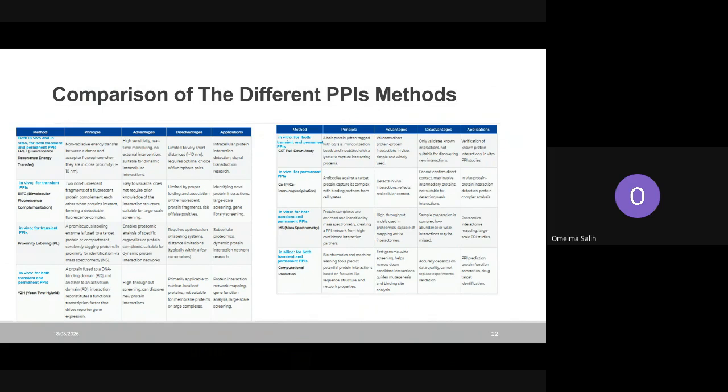As you can see, these methods differ in principle from each other, depending on what type of question you're asking, or what your research question is.